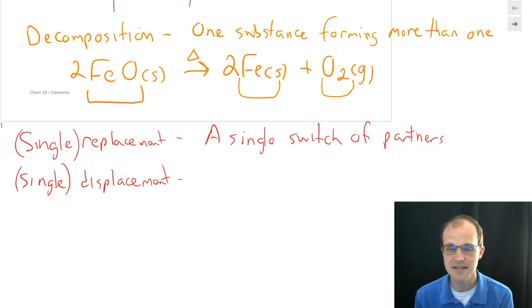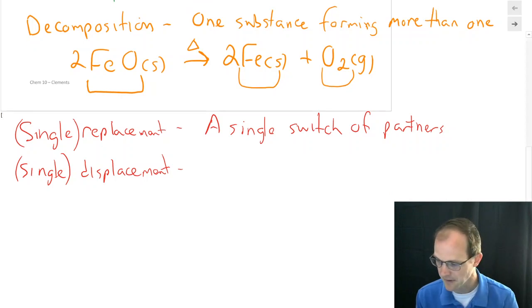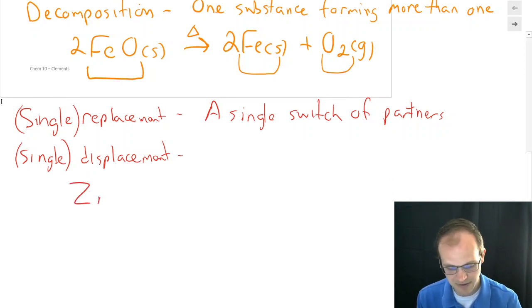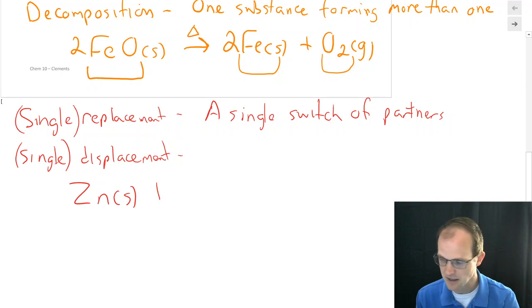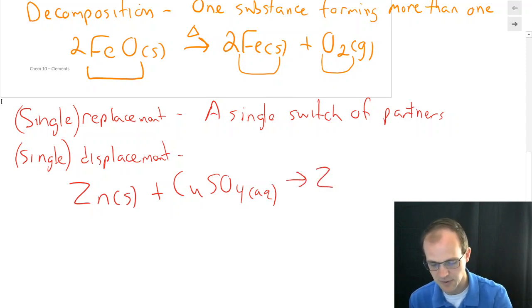It reacts, and that common ion switches from one metal to the other metal. So an example of that would be if we had solid zinc with copper(II) sulfate, and we reacted those. What you actually end up with is zinc(II) sulfate.